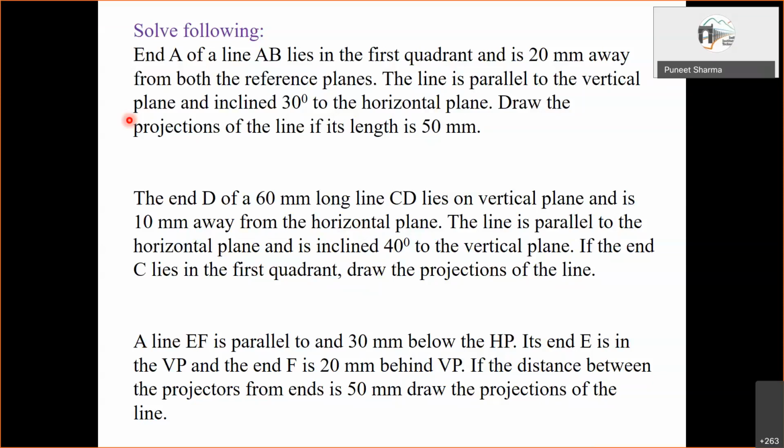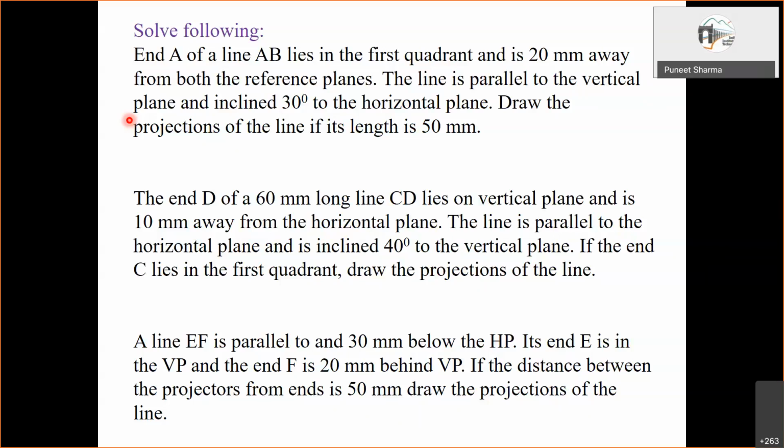So from the XY line it will be 20 mm away. According to the first quadrant, we'll place A dash and A, above and below. So A dash will be above the XY line, A will be below the XY line. Then the line is parallel to the vertical plane and inclined 30 degrees to the horizontal plane. Based on these, draw the projections of the line if its length is 50 mm.